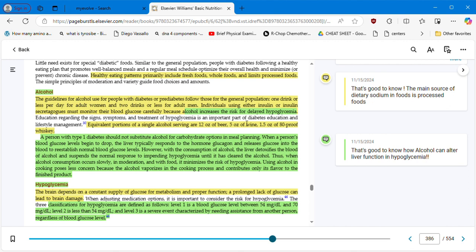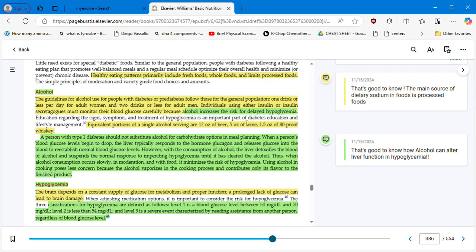However, with the consumption of alcohol, the liver detoxifies the blood of alcohol and suspends the normal response to impending hypoglycemia until it has cleared the alcohol. Oh, okay. So when alcohol is present in blood, the liver is going to hold the release of glucose. So hypoglycemia is going to stay there for a longer period until the blood gets rid of the alcohol.